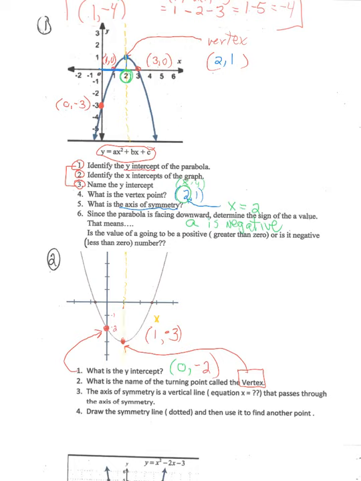We can see that it's passing right through and hitting the x-axis at the number 1. So the axis of symmetry is x equals 1. It said draw it in there, and I just did that. Okay. A little more coming up on the next page.